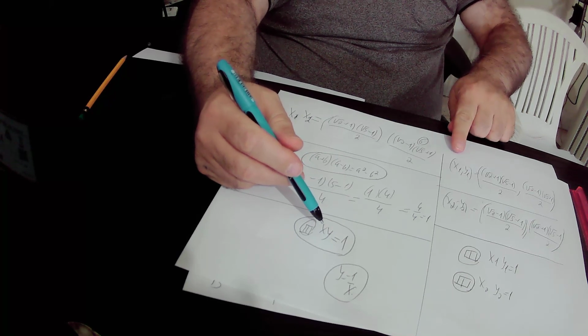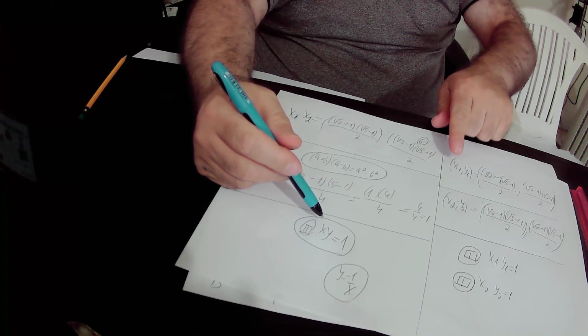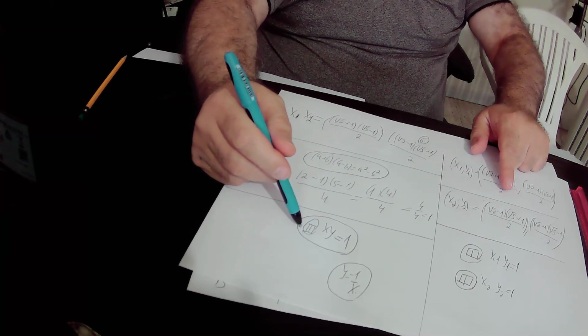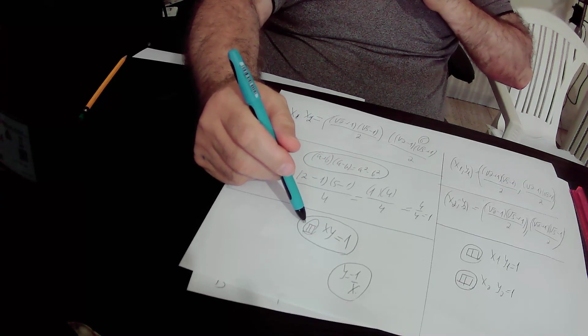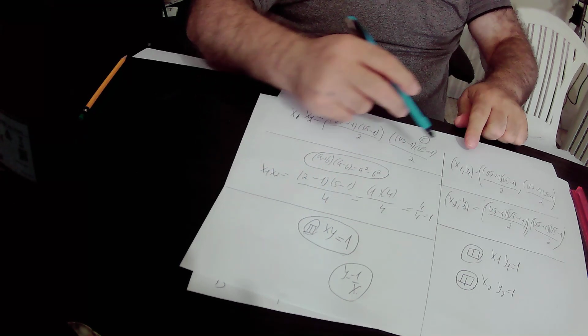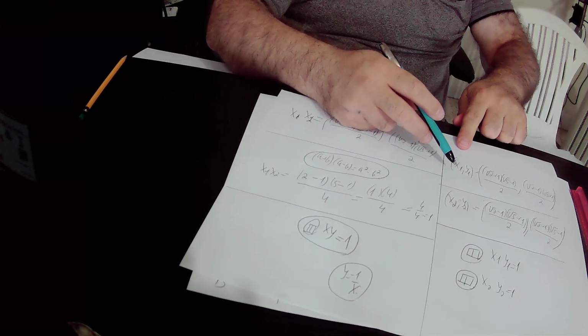So if x1 times y1 will be equal to 1, and also x2 times y2 will be equal to 1, exactly according to the demands of equation number 3, that x times y must be equal to 1. So those are the two solutions for x and y.